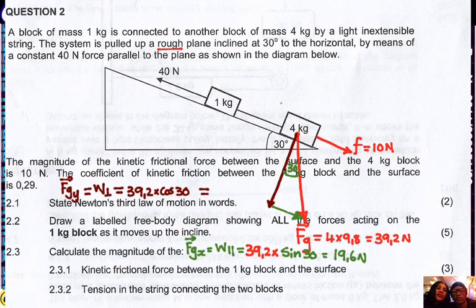So which is going to be equal to 39.2 times cos of 30 degrees. All right, so I'm going to round off to 2 decimal places. It's 33.95 Newton. Among this, I'm not keeping significant figures. I'm just rounding off.